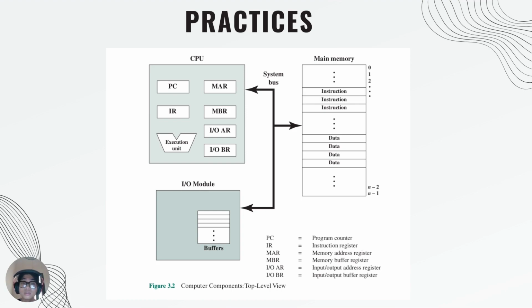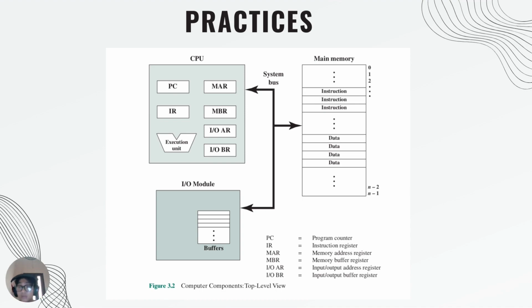Instruction processing consists of two steps. The first one is that the processor reads, or fetches, an instruction from memory. The next one is to execute the instruction.